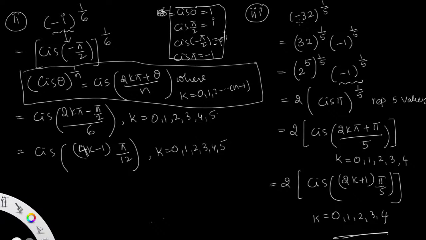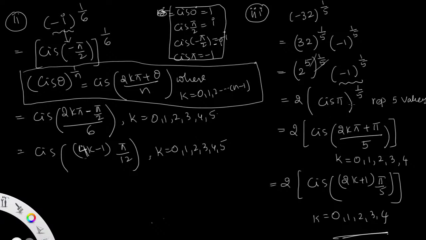So minus 32 we can convert into 32 whole to the power of 1 by 5 and minus 1 to the power of 1 by 5. 32 means 2 to the power of 5 whole to the power of 1 by 5, and minus 1 means cis pi. So this value becomes 2; the 5s get cancelled. Cis 0 is 1, cis pi by 2 is i, cis of minus pi by 2 is minus i, and cis pi is minus 1, that's why we wrote it like this.